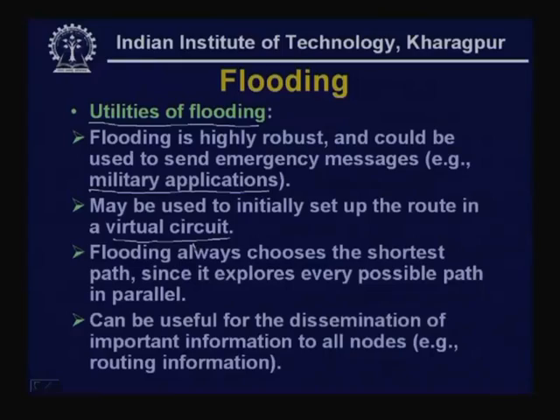By flooding, whenever the destination node receives the first packet, with minimum delay, it sends an acknowledgement with information about the routes through which the packet has gone, and that can be used to set up the virtual circuit. Then subsequently all other packets can be sent through the same route.